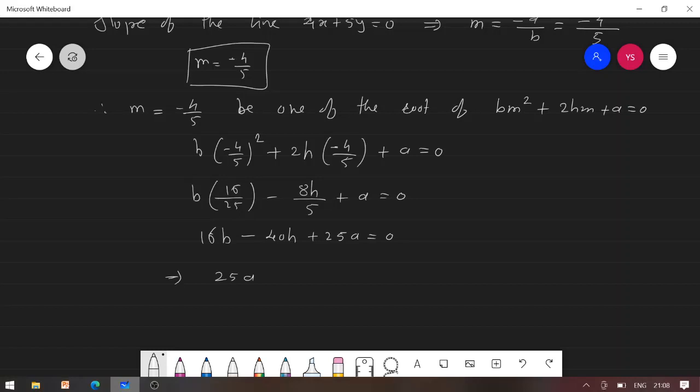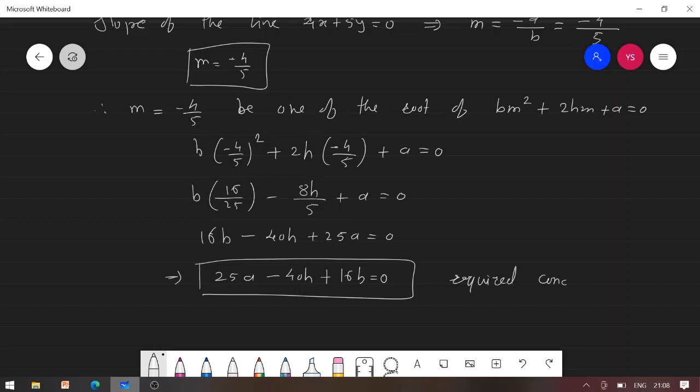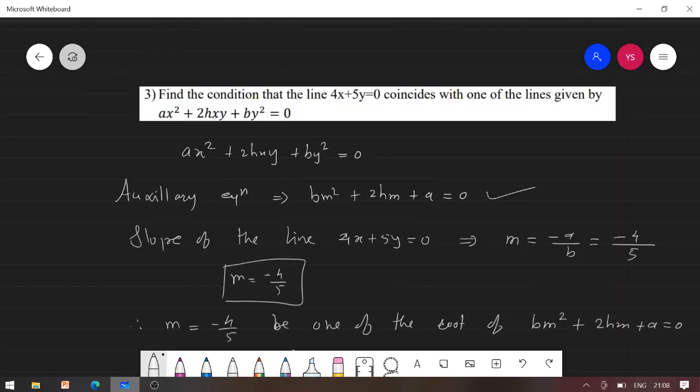Let's rearrange the equation: 25a minus 40h plus 16b equals 0 is the required condition for the line 4x plus 5y equals 0 to coincide with one of the lines given by ax square plus 2hxy plus by square equals 0.